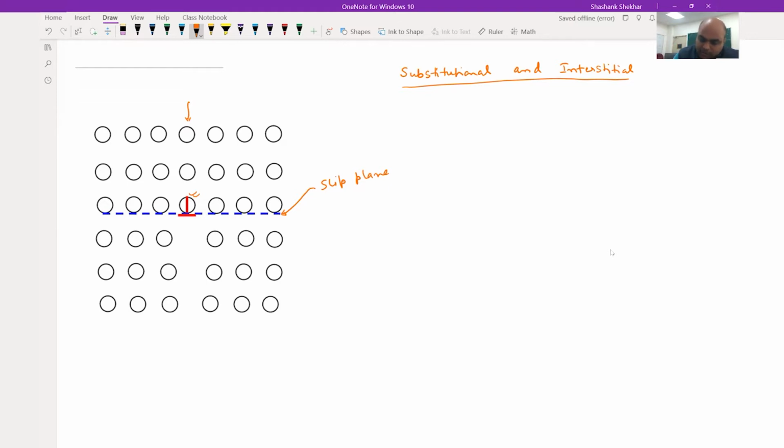Before that, as Professor Shashank Shekhar has already mentioned, if you have an edge dislocation, on the top part you have compressive stress, so this part is under compression, and at the bottom you have tension, and in these regions you have shear also.